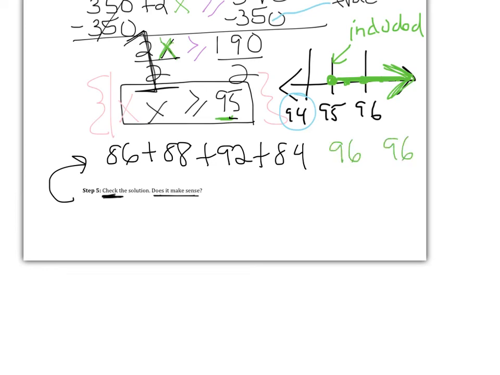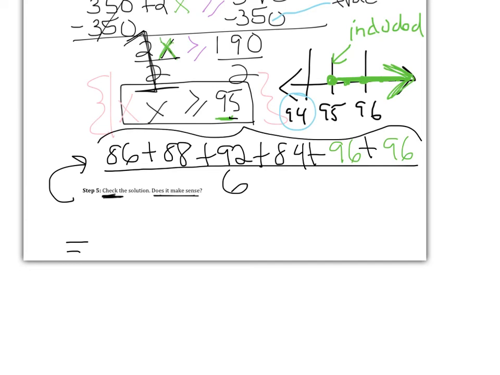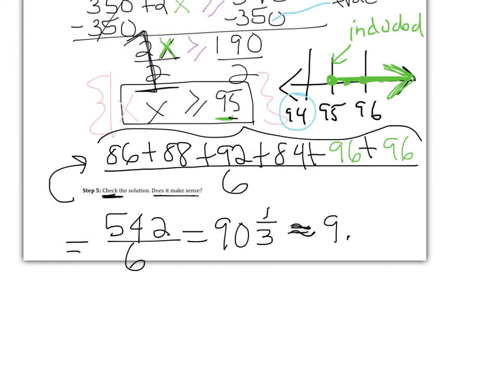So that's really two 96s, and divide this guy by 6, and then you just evaluate this. If you add all the sum right here, you get 542, and if you divide it by 6, you can write this as a mixed number. You get 90 1/3, or approximately 90.3333, or 90.3 bar, which just means the 3 is repeated.